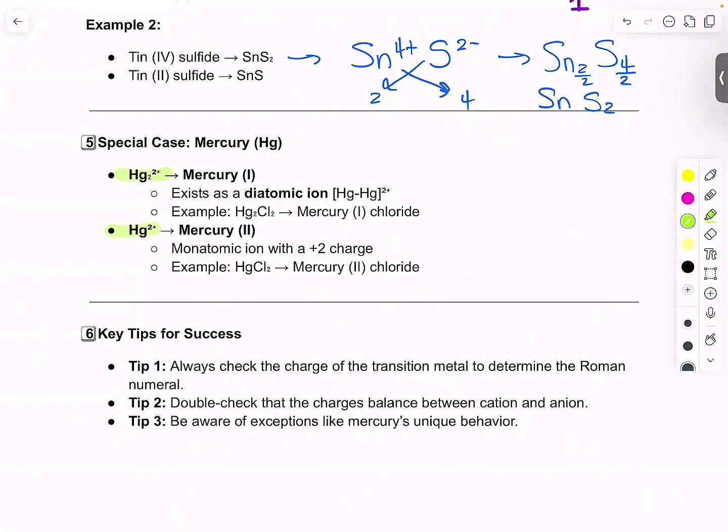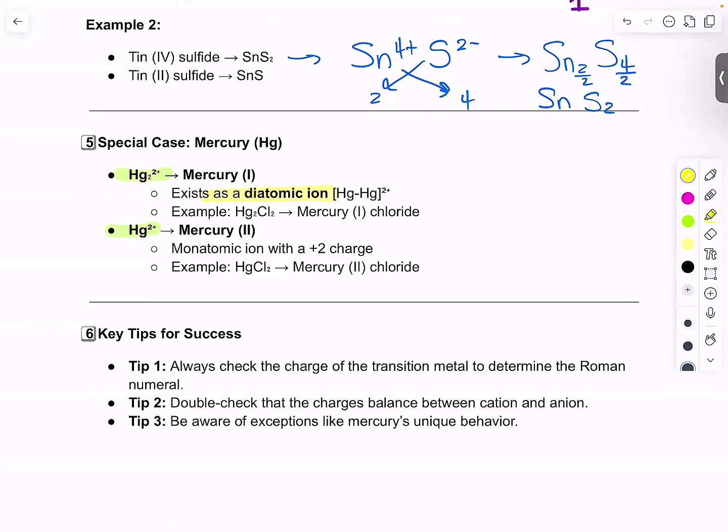And notice we give the first one Mercury I, and the second one Mercury II. So we have this diatomic ion going on here. So what is that? So di means 2, right, in Latin. It just means that Mercury can exist as a pair in this particular case.